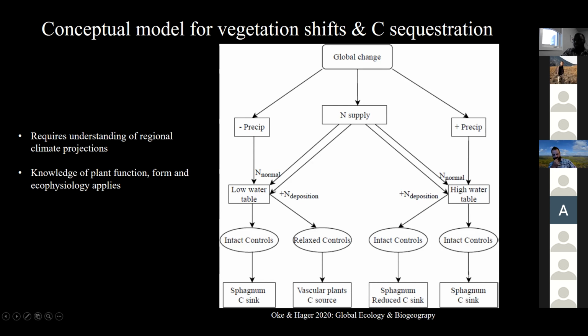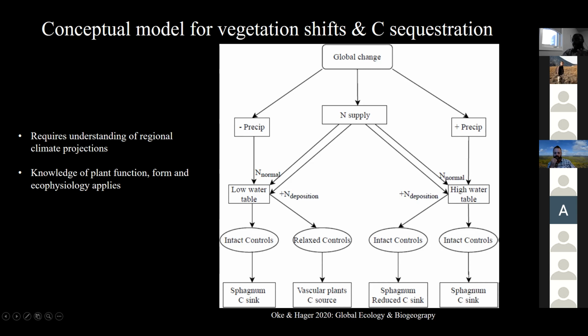But if the low water table interacts with an increase in nitrogen deposition, we are likely to see more of a relaxed control, because you can see vascular plant expansion and an increase in microbial respiration, and the system gradually turns into a carbon source. On the flip side, if an increase in precipitation is the case, we'll have an increase in water table.